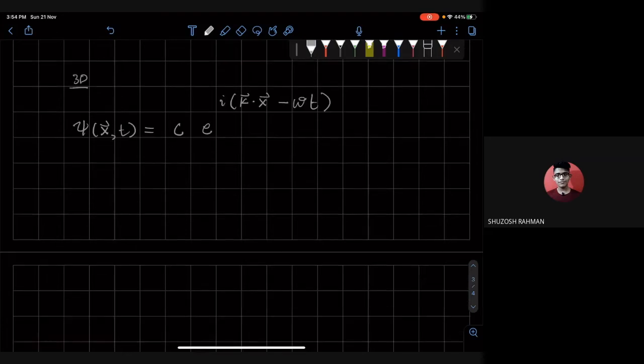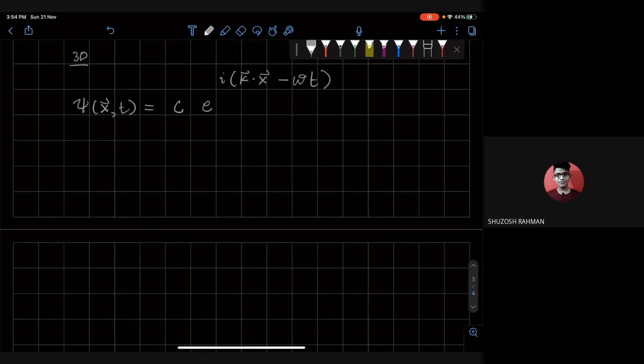So now recall that k is related to p over h bar, right? And omega is related to the total energy over h bar.